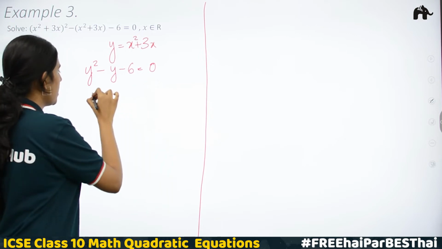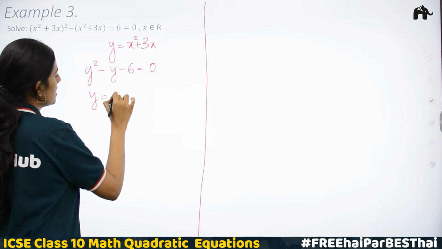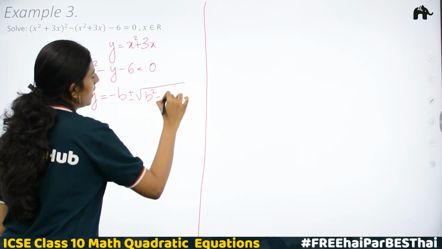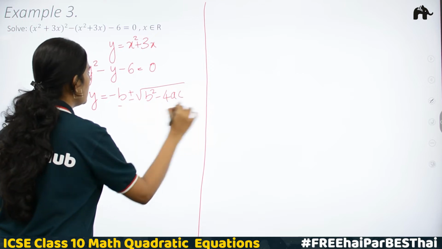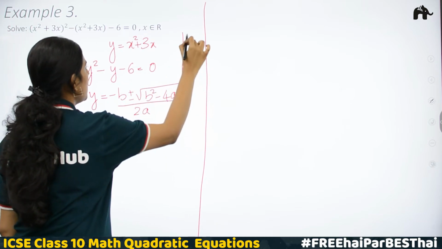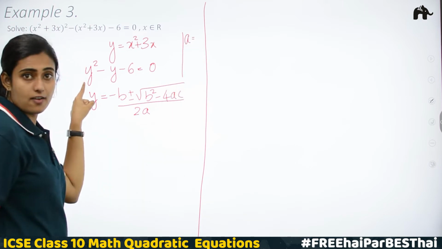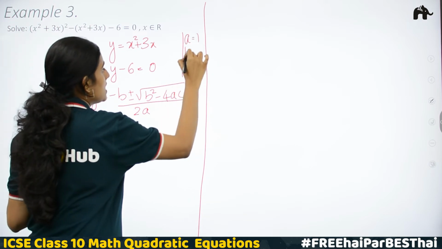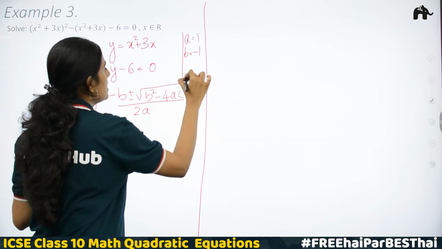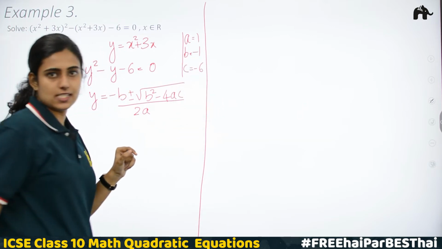Now use the quadratic formula to obtain y. y = (−b ± √(b² − 4ac)) / 2a. What are the values of a, b, c? a = 1, b = −1, and c = −6.